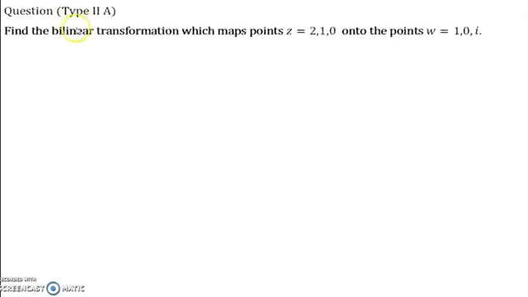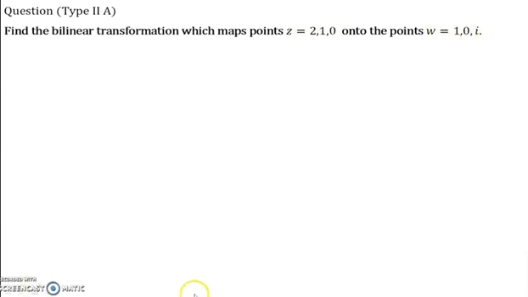So next we move on to the problems under this bilinear transformation category. Find the bilinear transformation which maps the points Z equal to 2, 1, 0 onto the points W equal to 1, 0, i.